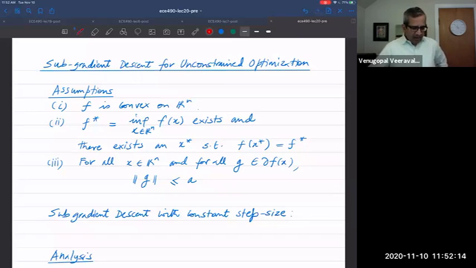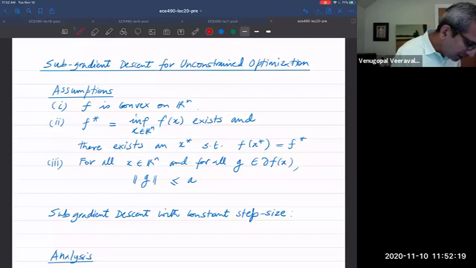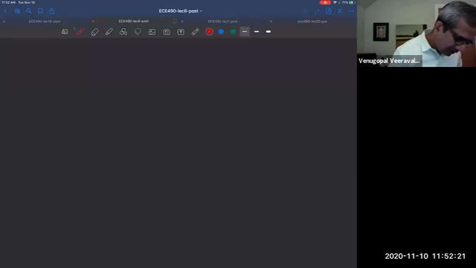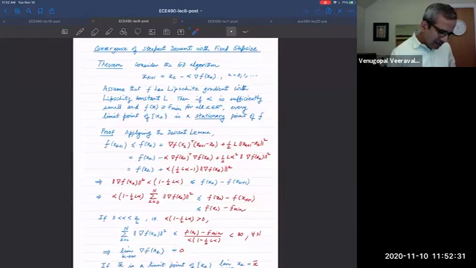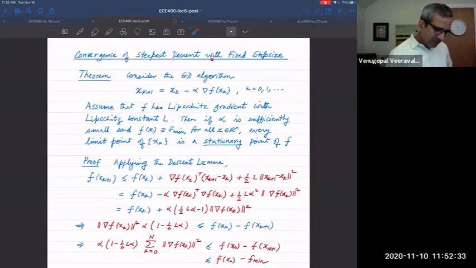This is similar to what we did in lecture 6, which I have here. This is convergence of steepest descent with fixed step size. If you remember, we assumed that f is lower bounded by f minimum.